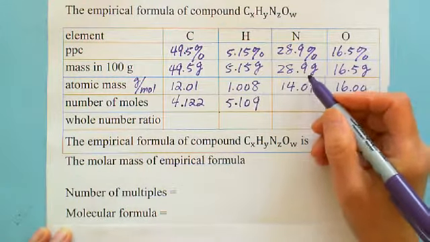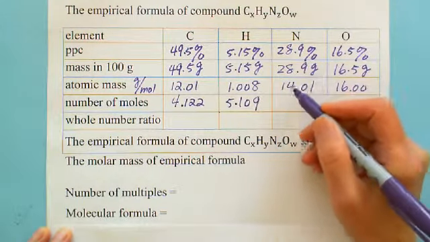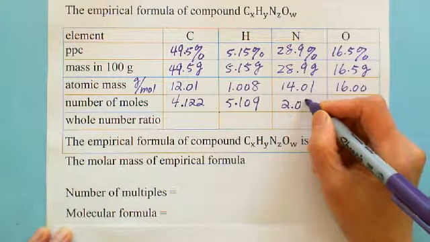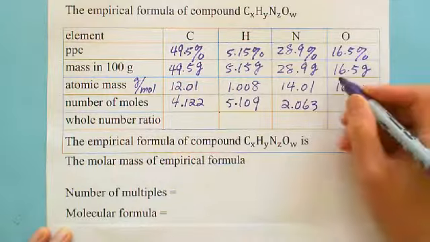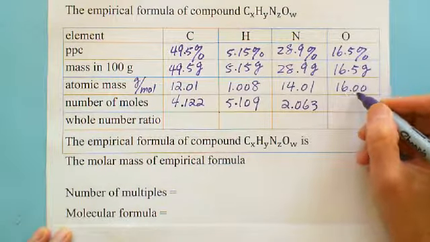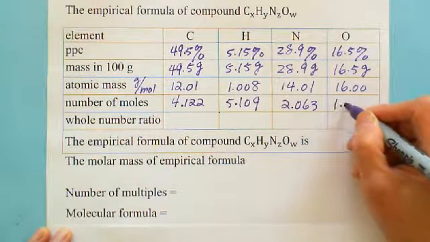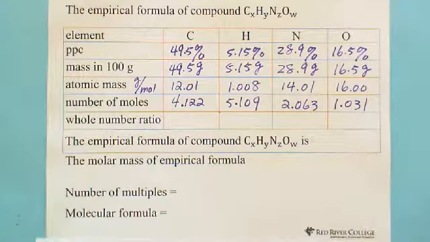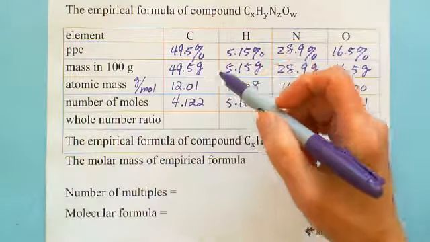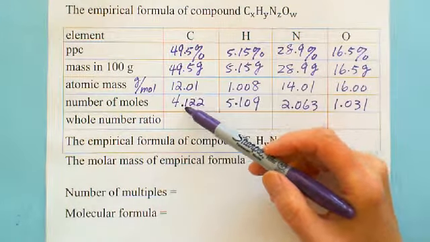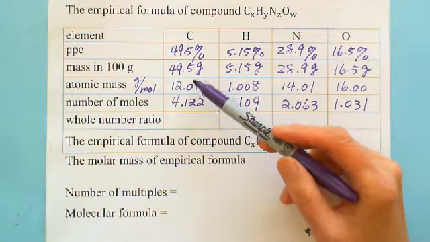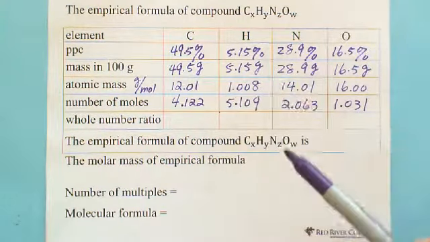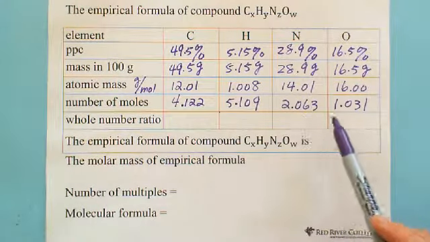And 28.9 divided by 14.01, we get 2.063. And 16.5 divided by 16.00, we get 1.031. So when we do this, we need to be careful. We cannot round too early, because we need at least 4 or 5 sig figs.